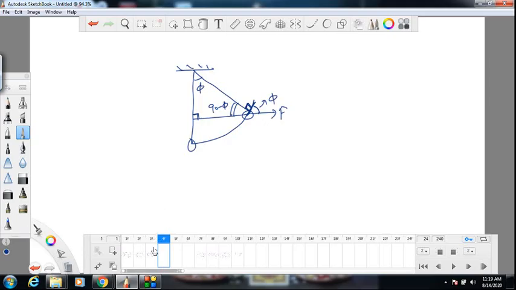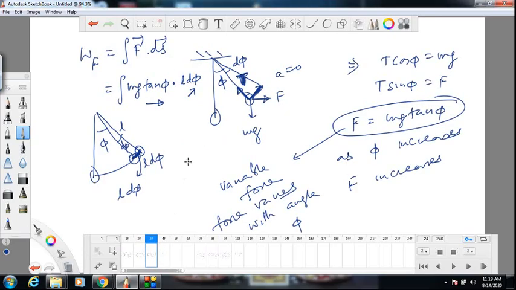So the angle between the force and displacement, force is horizontal, displacement is like that, is phi. When you do the dot product, what do you get here? Integral mg tan phi, that is the magnitude of force, into the magnitude of displacement, into cos of the angle between them.